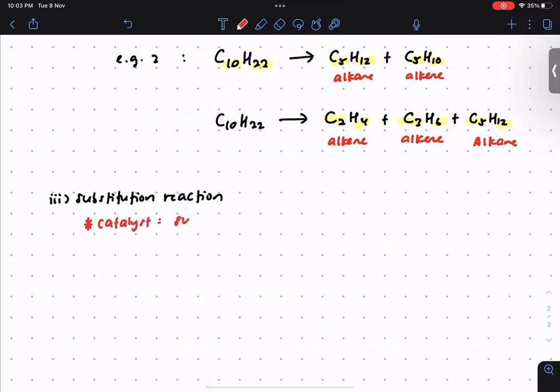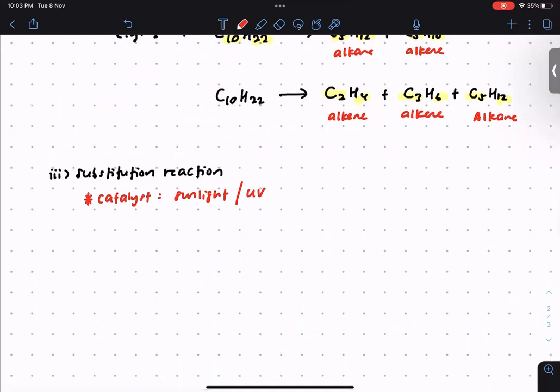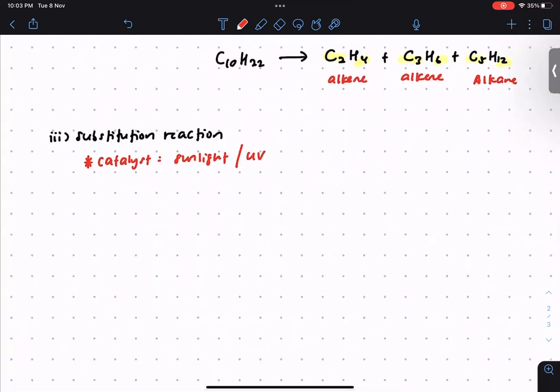You must have either sunlight or UV. This is the requirement that you must have, because it is called a photochemical reaction.